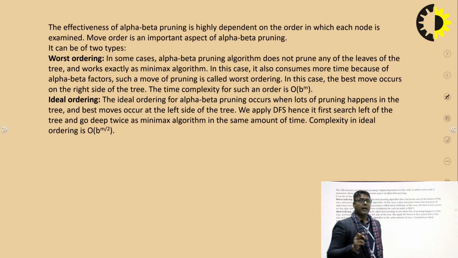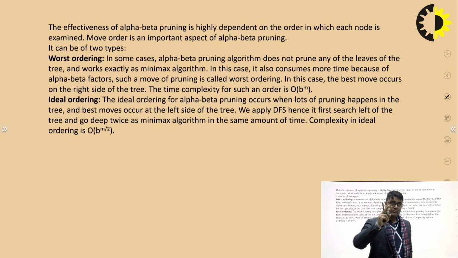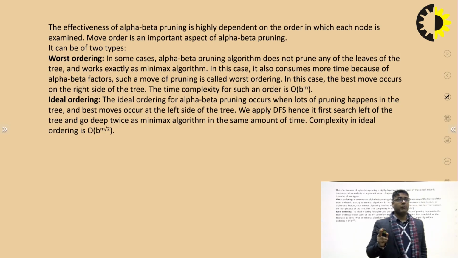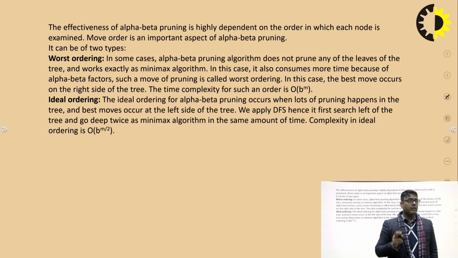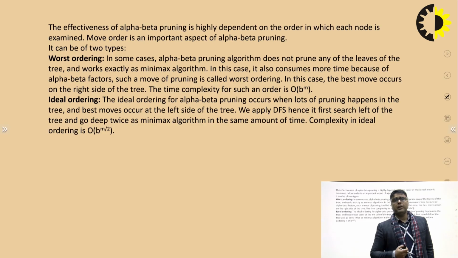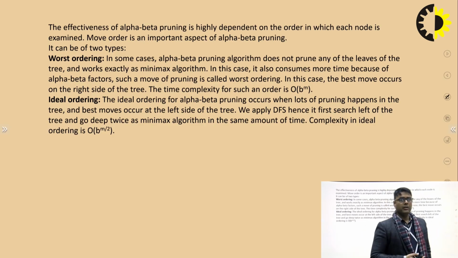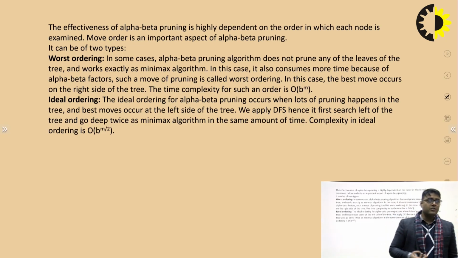It is theory, but you must remember it, because most of the time the exam asks the time complexity in the worst case of alpha beta pruning. So, define b as the branching factor and m as the search depth.